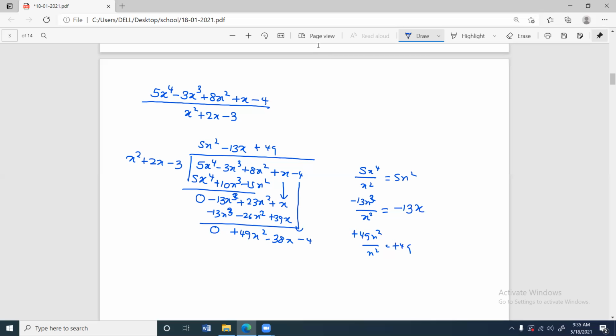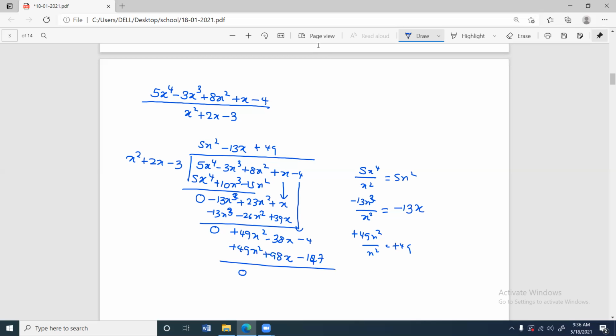Okay. 49 into x squared is 49x squared. 49 into 2 is plus 98x. 49 into minus 3 is minus 147. Then we'll subtract this. 0. Minus 38 minus 98, how much does it turn out to be?